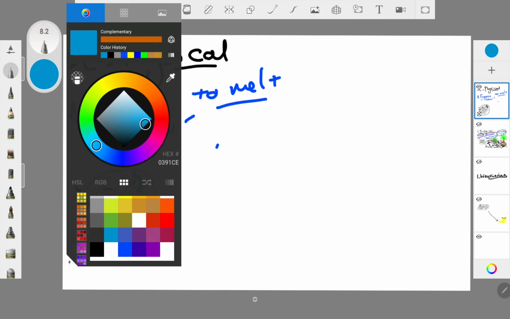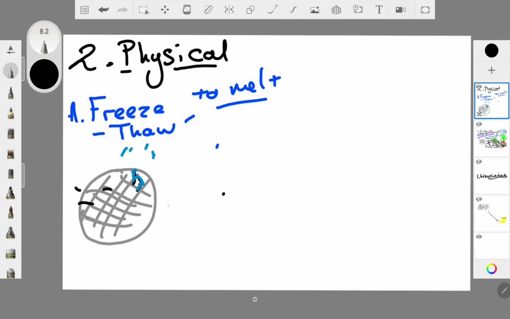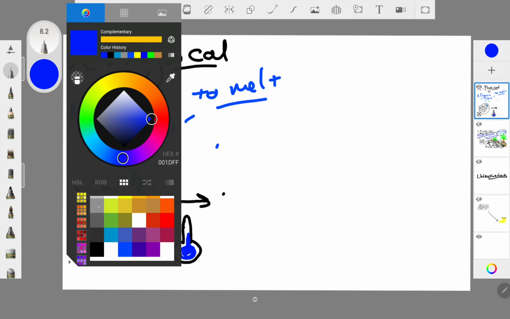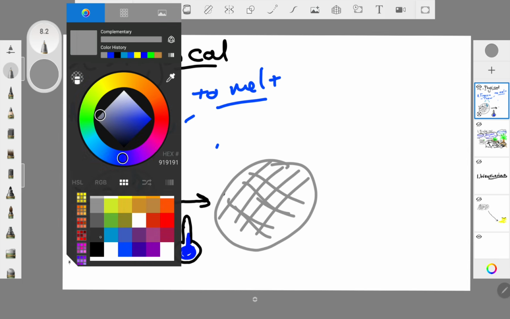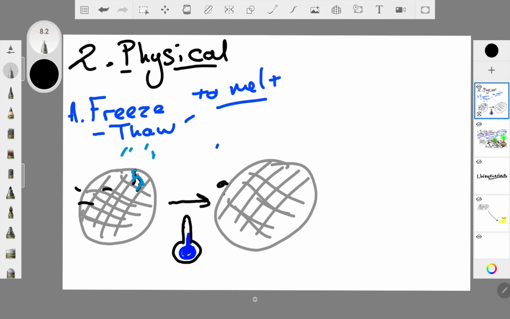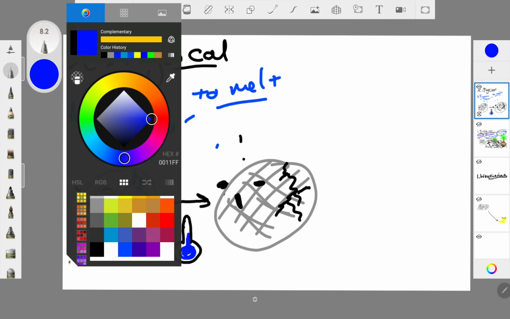But then, when the weather gets cold and the temperature goes really low, what's going to happen to the water in my boulder buddy over here? The water is going to freeze, yeah? When it freezes, what's going to happen to the water?